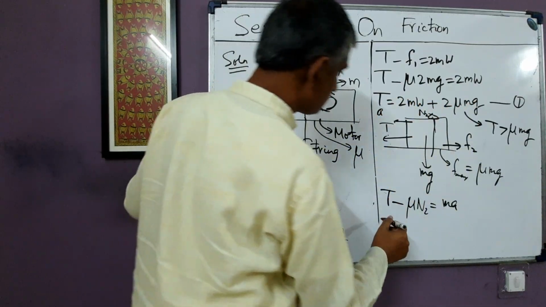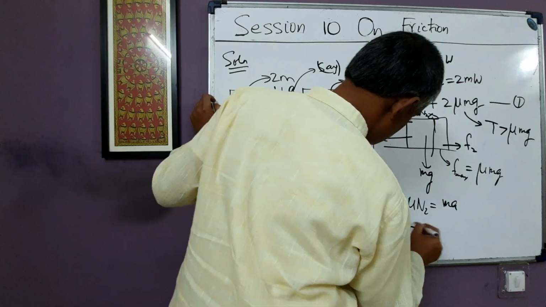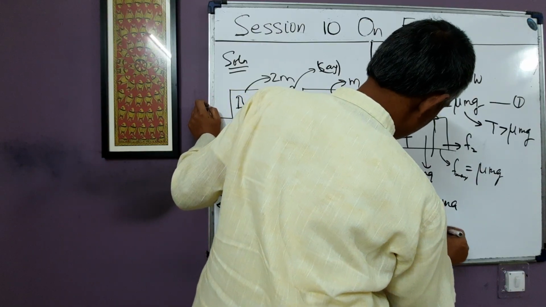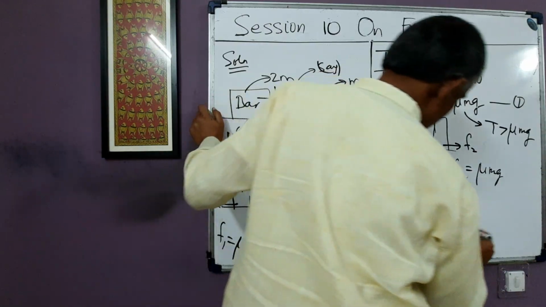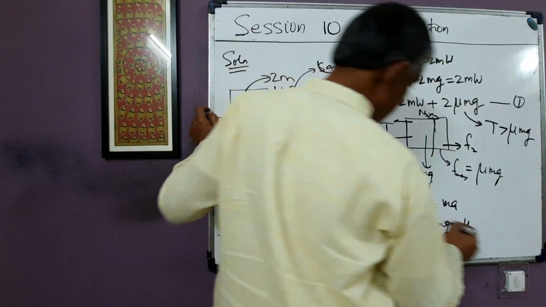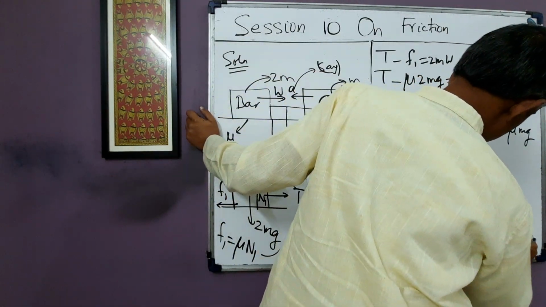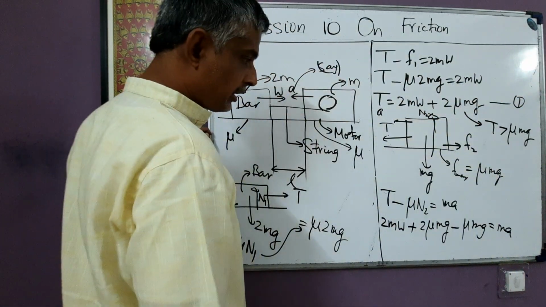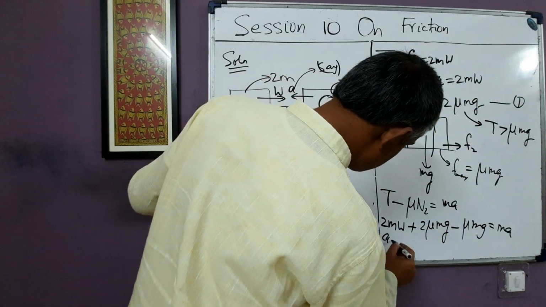Substitute this T here: 2mw plus 2 mu mg minus mu N2. What is N2? N2 will just balance the weight of the block, so N2 is just equal to mg, and that is equal to Ma. So how much does a become?